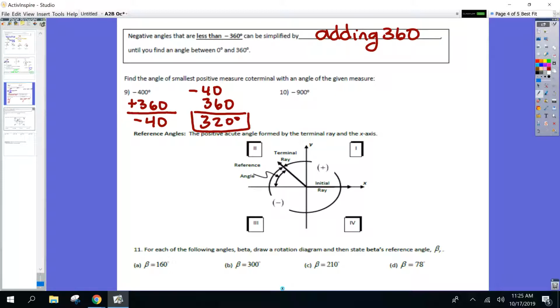All right, go ahead and do it for negative 900. It doesn't look like it. The art just says find the smallest positive measure coterminal. Unless you guys have different directions, I don't think so.